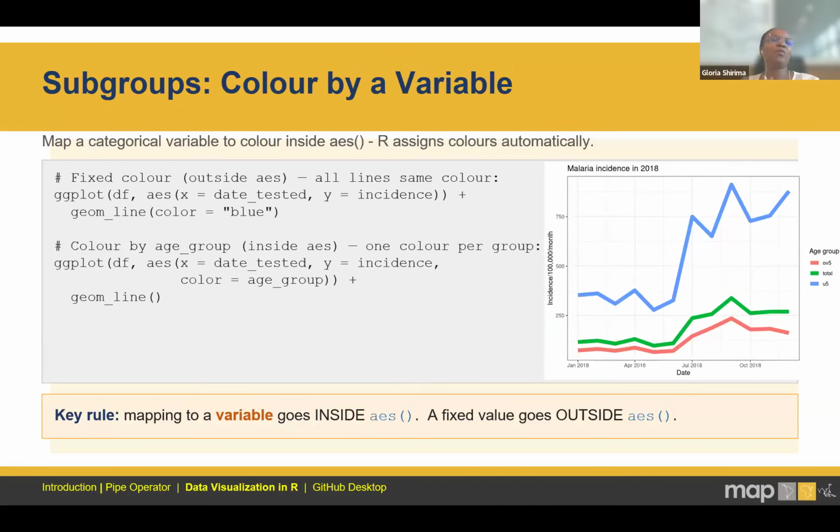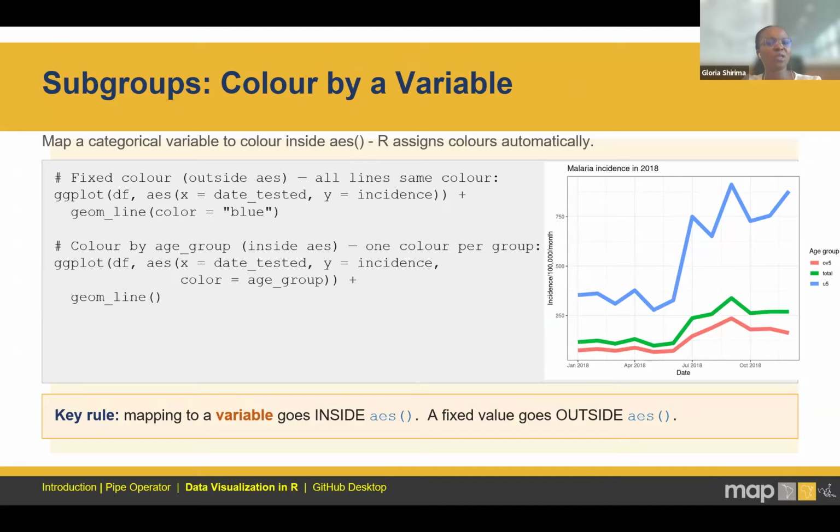As we have seen, we are able to have 3 groups of data: over 5, under 5, and total. Sometimes we want to visualize these separately so that we can see the trend for the under 5, the over 5, and the total. ggplot allows us to do subgroups. When you plot these lines, you can tell each group to have its own color.